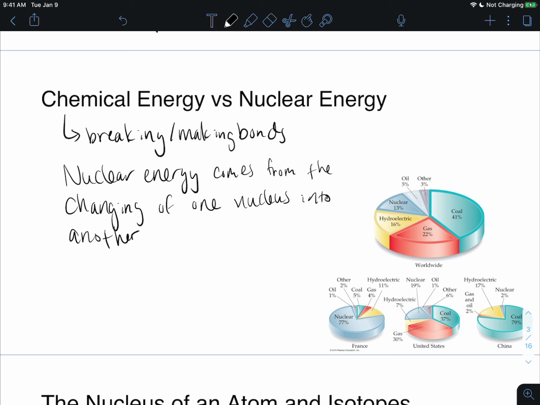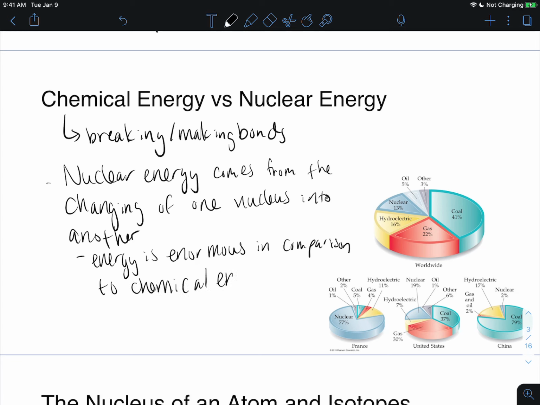So our nucleus is breaking apart or getting fused together, and because of that, the energy of a nuclear reaction is enormous in comparison. It's much more significant amounts of energy when we're talking about changing an atom into another atom.